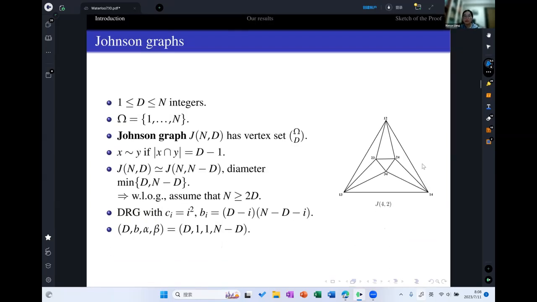Another example is Johnson graphs. We still have an n-set omega, and a vertex of the Johnson graph is a d-subset of omega, and any 2 vertices x, y are adjacent if the cardinality of x intersect y is exactly d minus 1. So here are the special Johnson graphs.